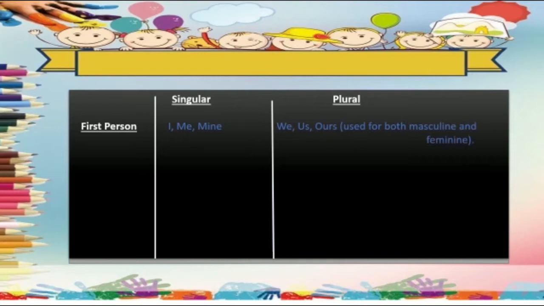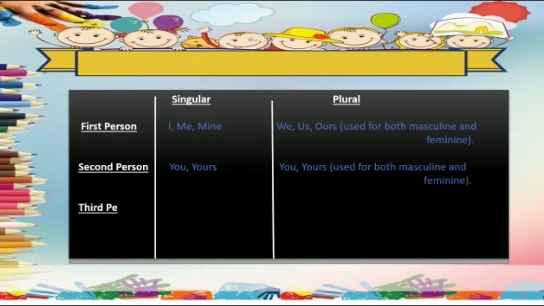Children, now let's look at the given table. Singular, plural. First person, singular, I, me, mine. Plural, we, us, ours, used for both masculine and feminine. Second person, singular, you, yours.